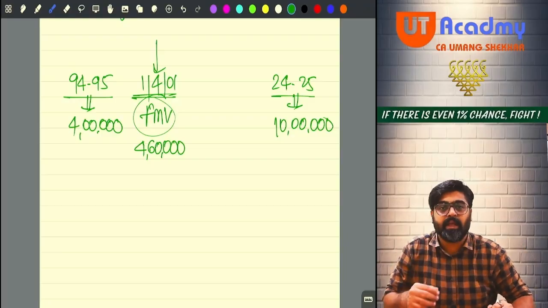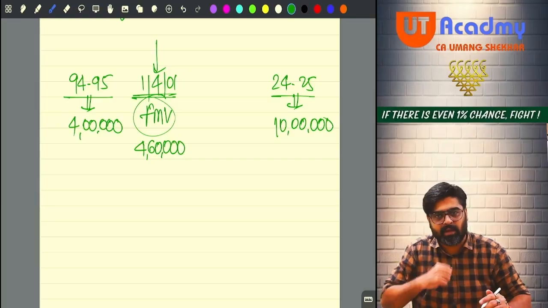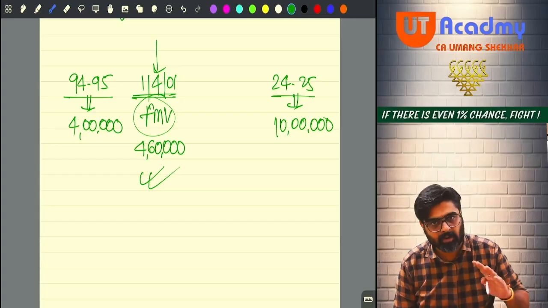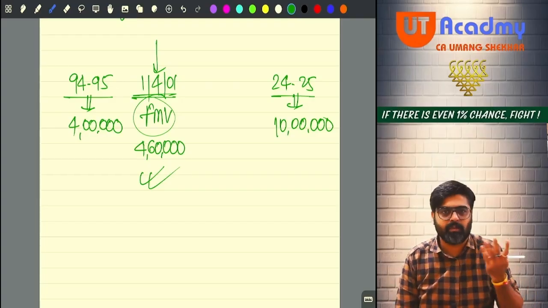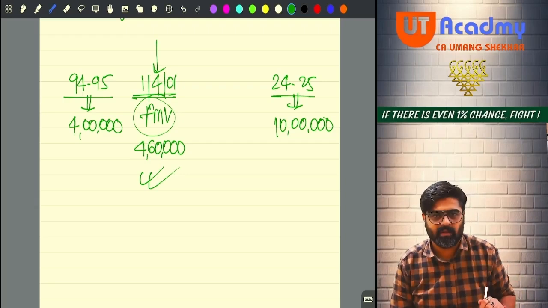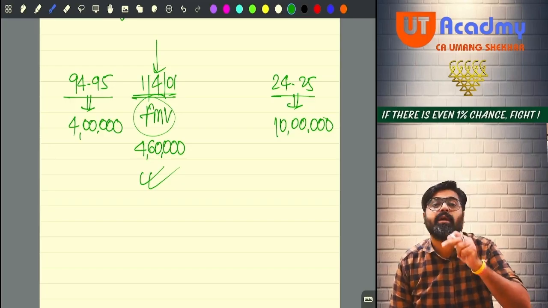It is 4 lakh 60. If we are giving you the opportunity to take this fair market value as cost, definitely you are going to take it as your cost of acquisition, because it will be higher only. In the majority of assets, 99% of cases, it will be higher only. And if we are giving you this option, you will definitely take this as a cost.